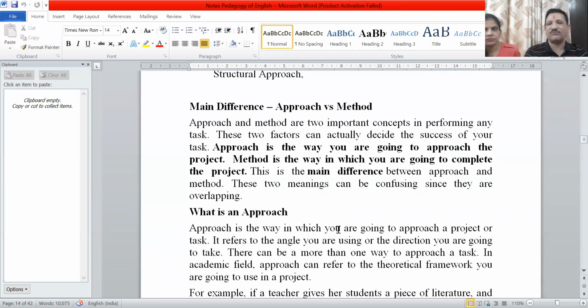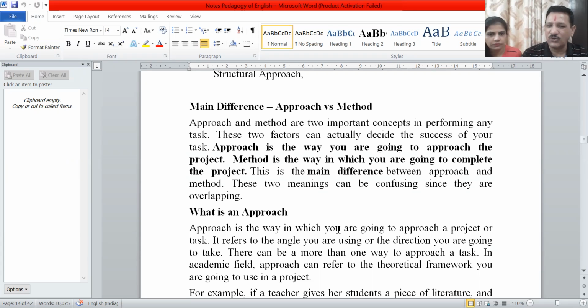Unless we know what is approach and what is method, we will not be able to find out what are the approaches and methods for the teaching of English. Approach and methods are two important concepts in performing any task. These two factors can actually decide the success of your task.